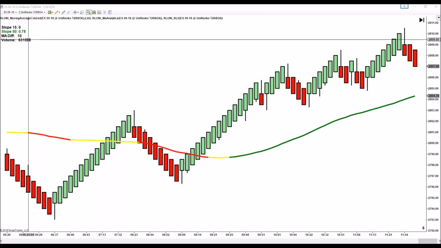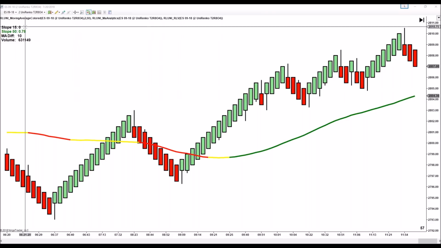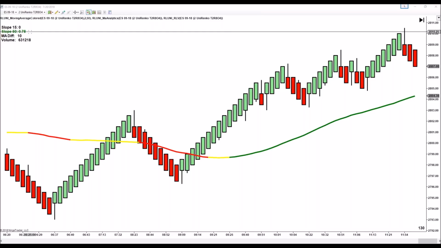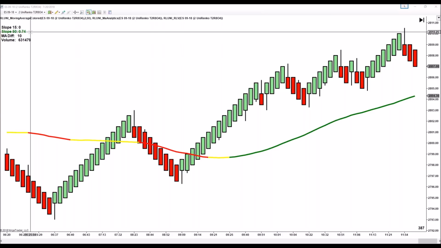Now the MA Analytics right here, I don't really look at the slope. Here's the slope of the 50, and it's not in absolute degrees, and we really don't use it. We just look at the color. When we created it, we thought that looking at the slope degree would help us out.